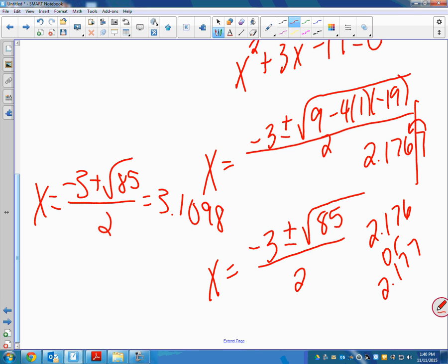You don't care what happens after. Disregard all rounding rules. It's just weird, right? They always have in the AP worked out solutions things like 2.176 or 2.177.